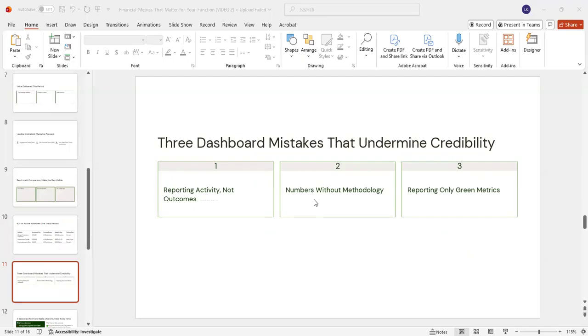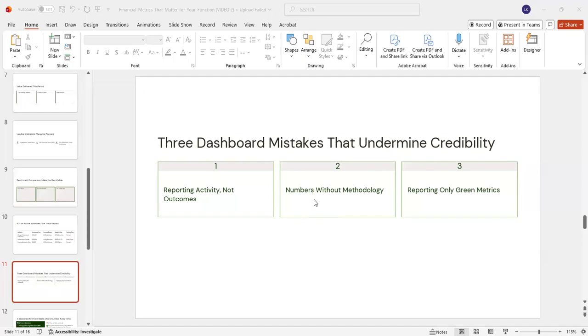I've seen over and over again statements like we ran 14 campaigns, delivered 600 hours of training, or resolved 1,200 tickets, when in fact, you should be saying our campaigns reduced cost of customer acquisition by 18%. Our training reduced regrettable attrition by 2 points, which resulted in $340K in avoided replacement cost. So rather than focus on activity, when we use the second statement, we are focused on outcomes.